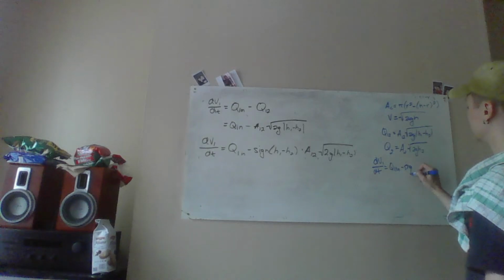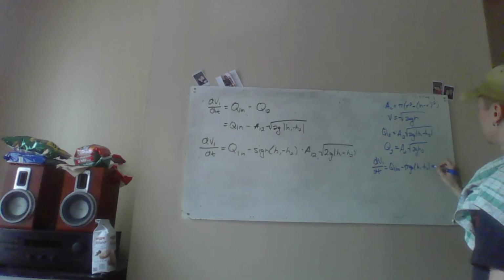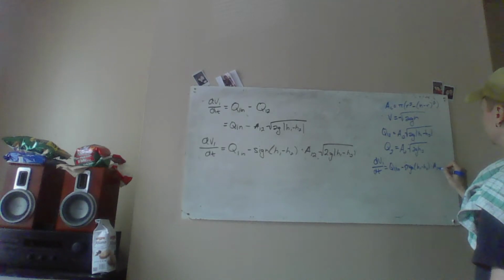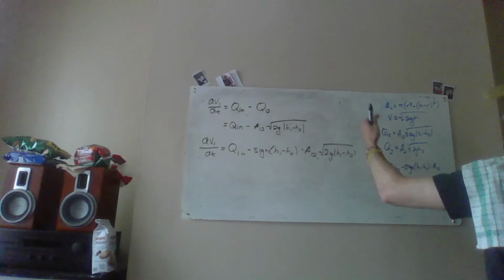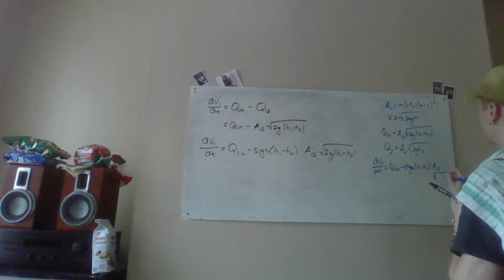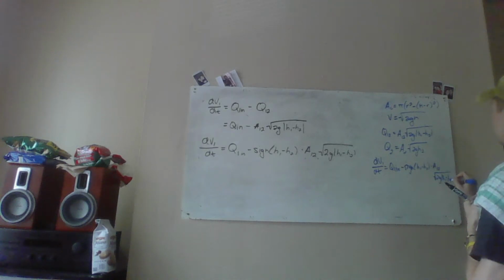So sign compensation, height 1 minus height 2, times the area of the pipe that connects tank 1 to tank 2 times the square root of 2 times acceleration due to gravity, absolute value, height of fluid 1 minus height of fluid 2.